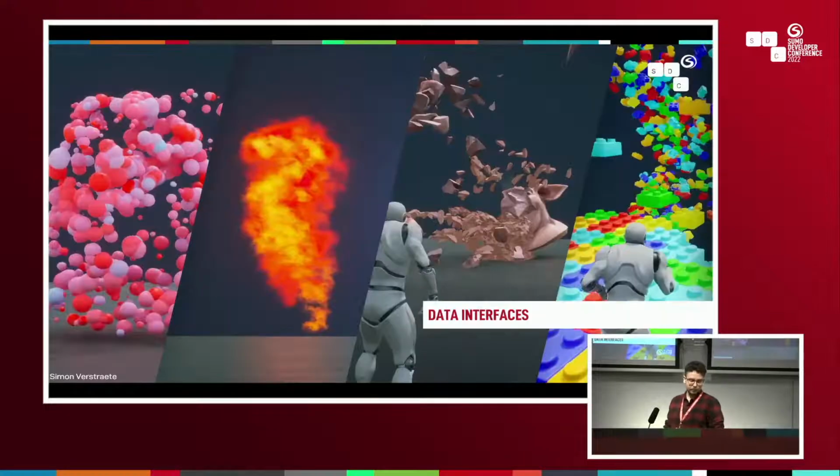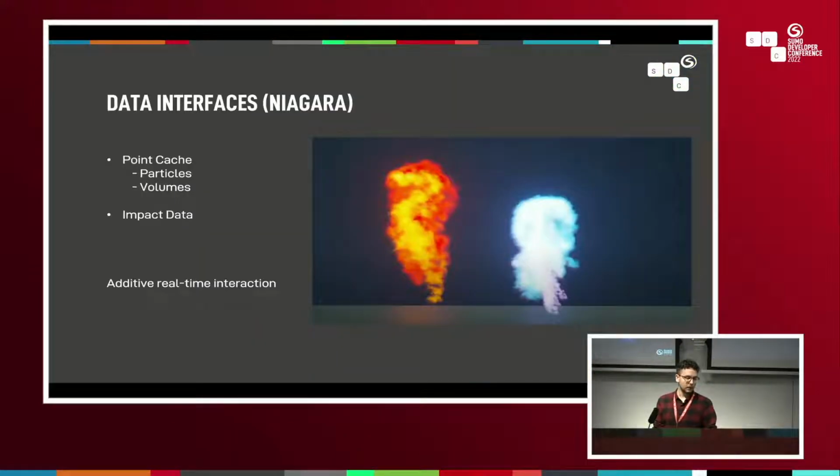Then another way to get this Houdini magic into Unreal or Unity for that matter would be by using data interfaces. So one of them being point cache, we can convert our point, particle simulations, smoke simulations, anything to particle data and just store all the positions, all attributes, velocity, color, everything into a JSON file.